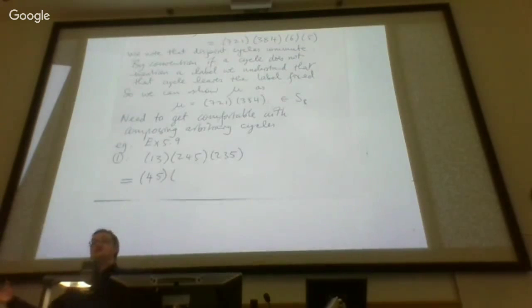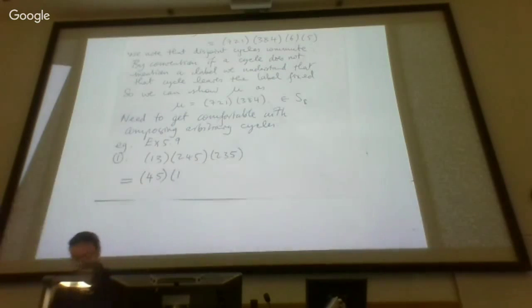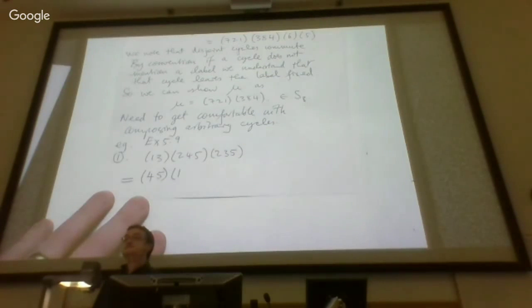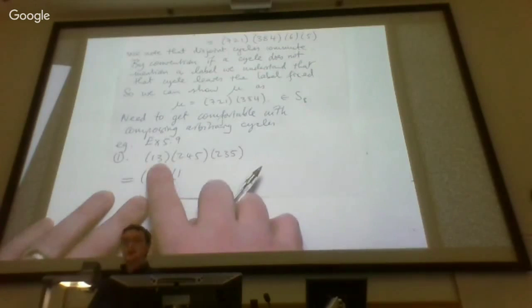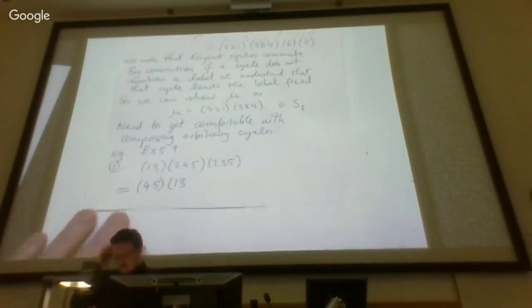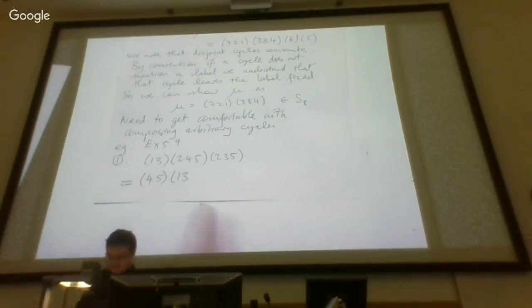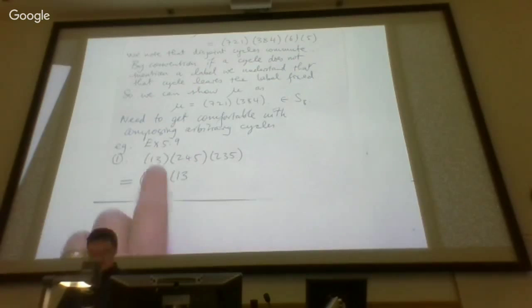So there must be some more information in it. Now let's begin at 1, say. What happens to 1? 1 is left fixed, still left fixed, and 1 gets sent to 3. What happens to 3? In total, 3 gets sent to 5, 5 gets sent to 2, and 2 is left fixed.